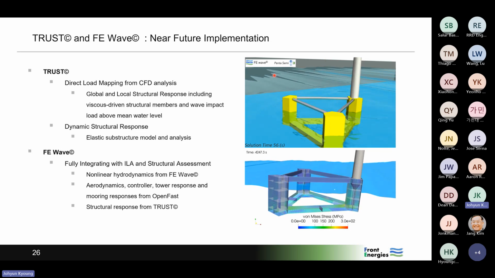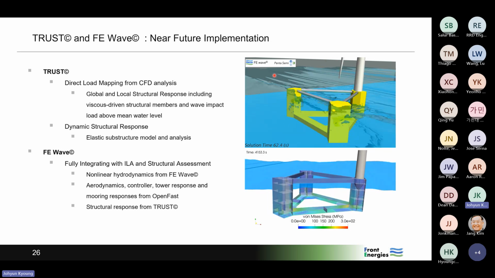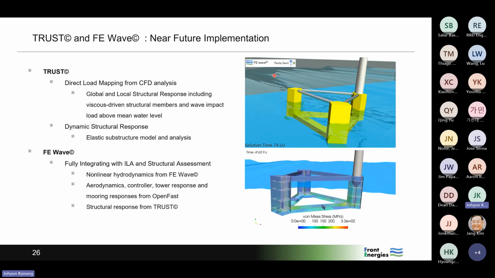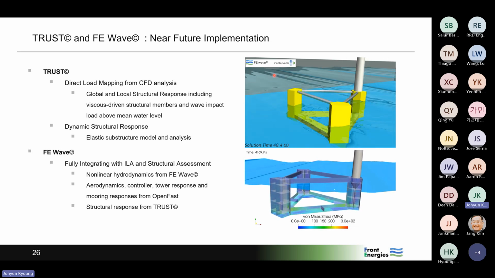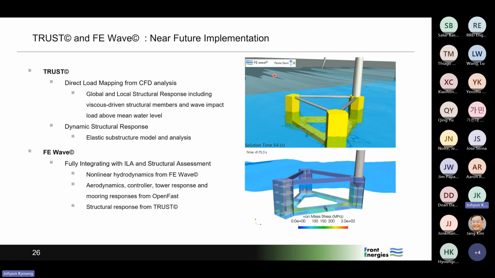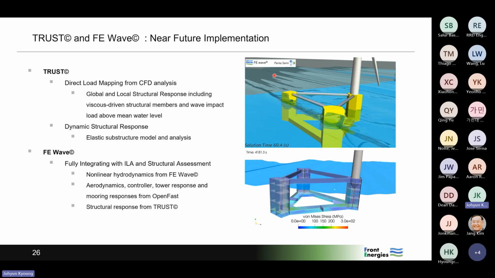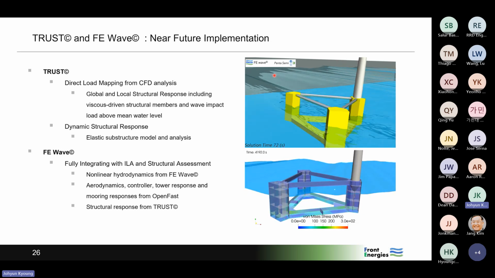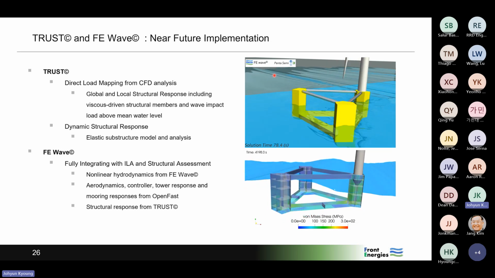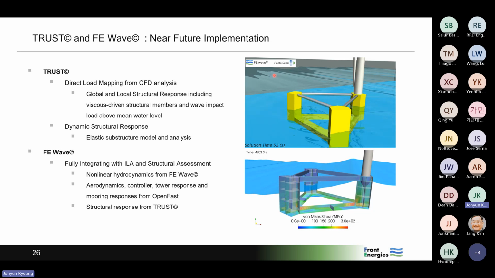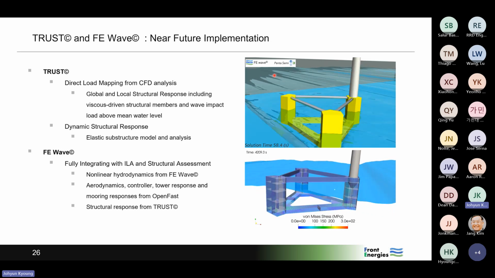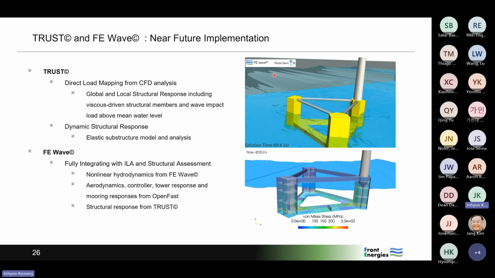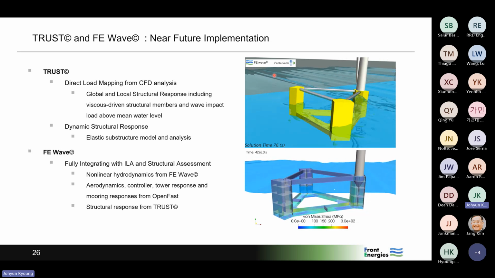That's why they want to apply the CFD and directly map this CFD result to the structure analysis and get the response. So that's why we are implementing that kind of load mapping. The other one is the substructure: usually a rigid body assumption is used, but they want to apply dynamic structural response. So an elastic substructure model and the corresponding structural analysis is also being implemented.